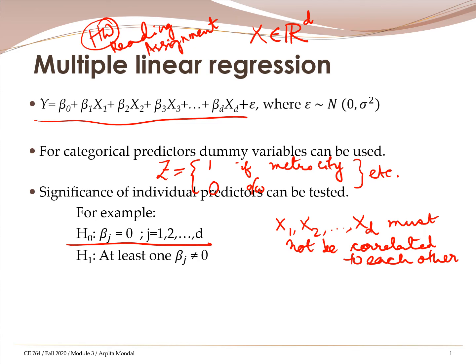However, the moment you are applying multiple linear regression, you are assuming that the predictors are not correlated to each other. Now, the way I have written the model here, you can model the individual effects of each predictor. Not just the individual effect, we can model the joint effect also. And there's a very simple way to do it.